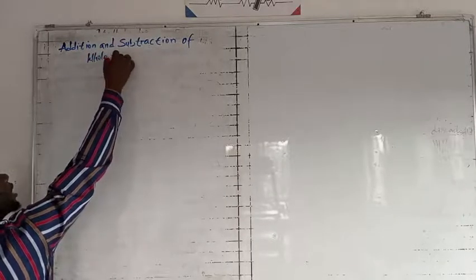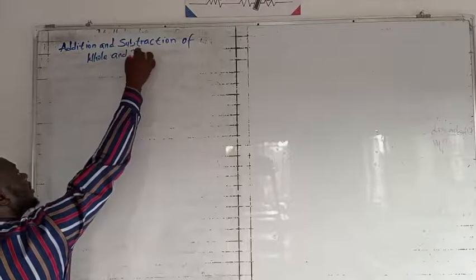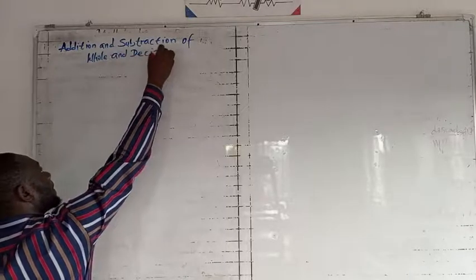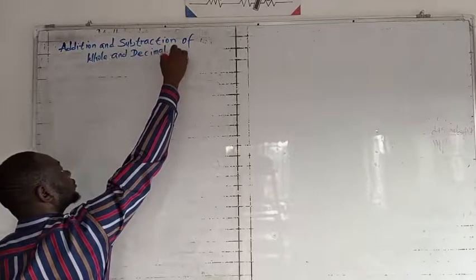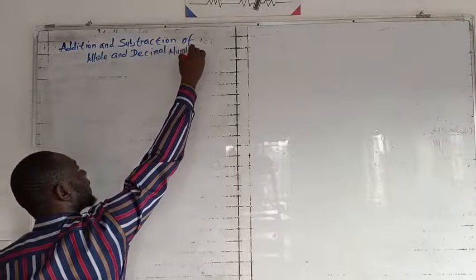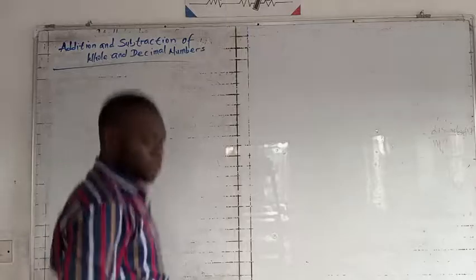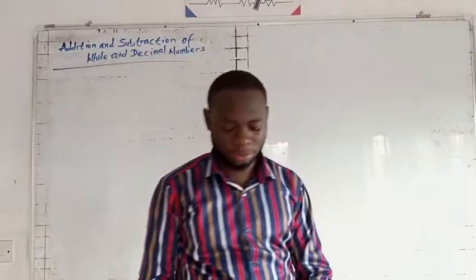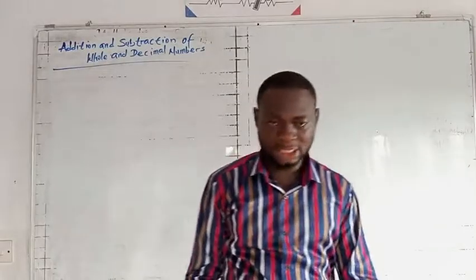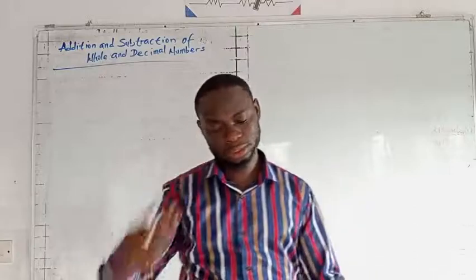Then we put whole and decimal numbers. So we are looking at addition and subtraction of whole and decimal numbers.